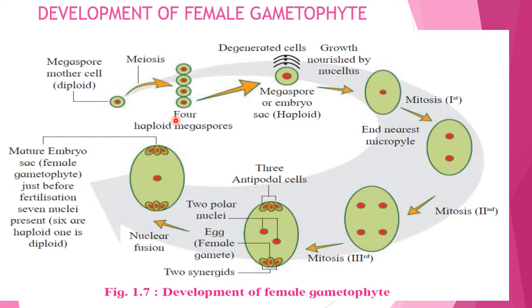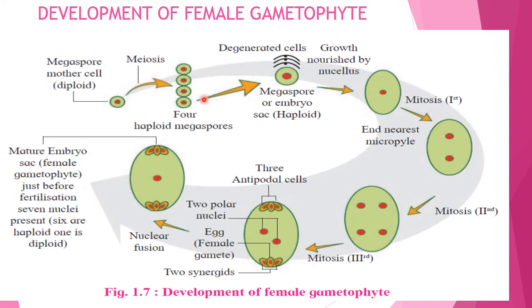Here there is a difference between megasporogenesis and microsporogenesis. Of these 4 cells, one cell will be developing into the functional megaspore, the first cell of the female gametophyte. Then what happens to the next 3 cells? The 3 cells which are towards the upper side degenerate.